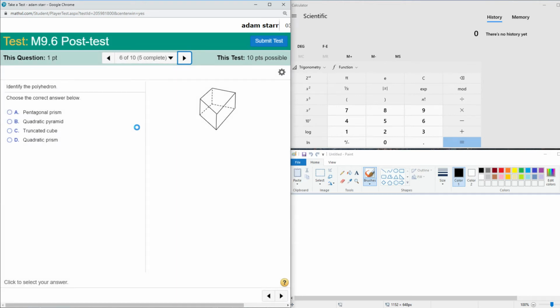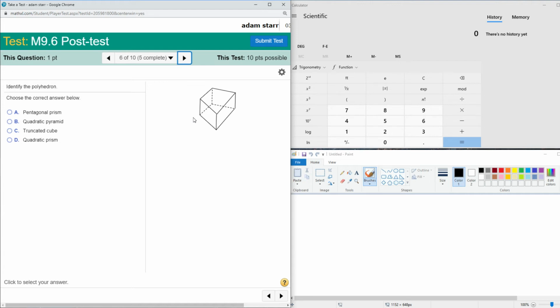This one, I've actually gotten a different question every time I've done it. The key here is just knowing what the base shape is. What I mean by that is the base here is this 1, 2, 3, 4. It's a quadrilateral base. It is not a cube in this case.